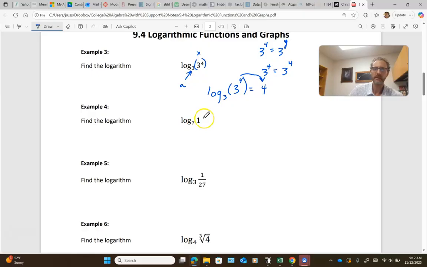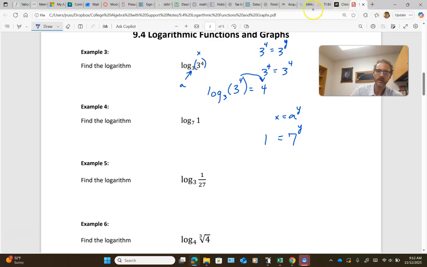Alright, what about example 4 here? Log base 7 of 1. So guys, I'm going to eventually quit writing this over and over. The base is 7. This is going to be equal to 1, and we're trying to figure out the exponent.